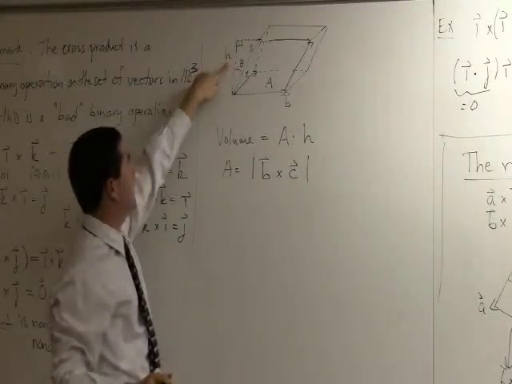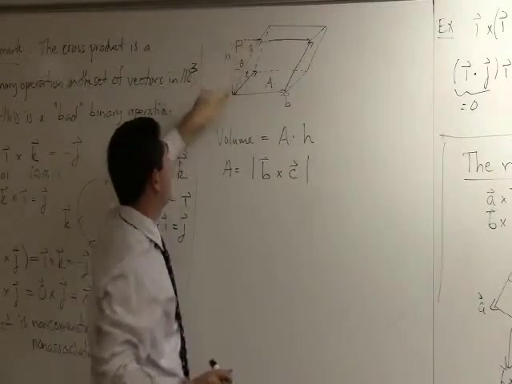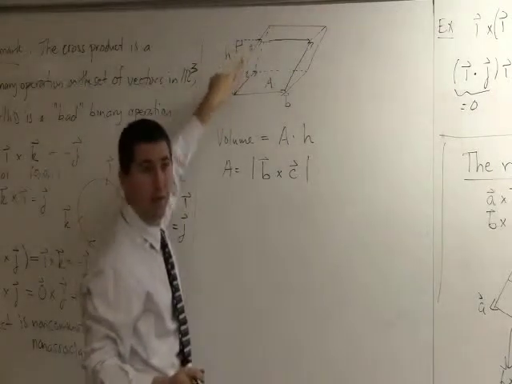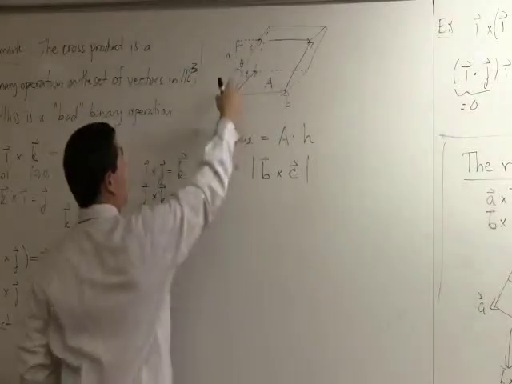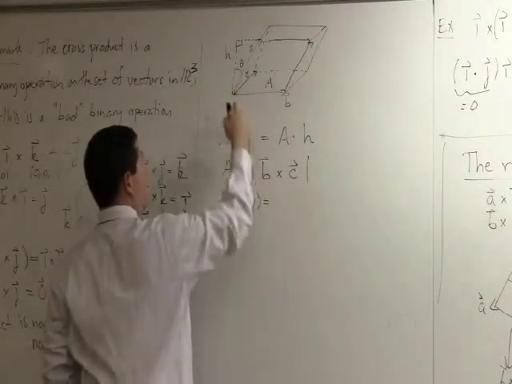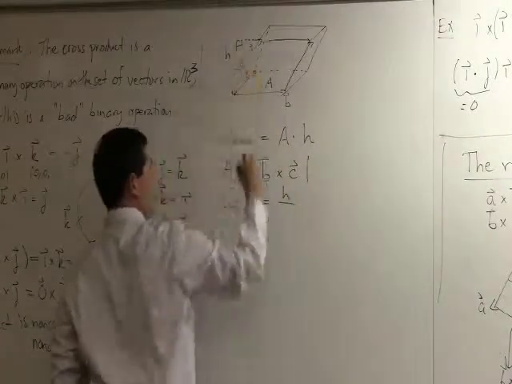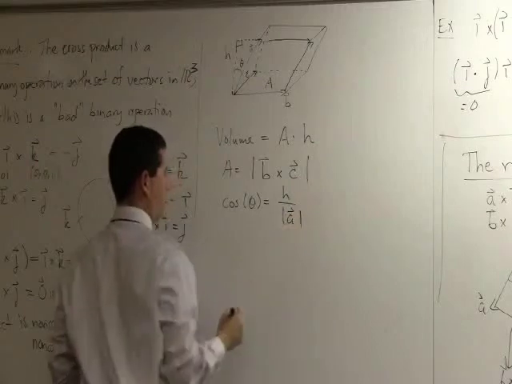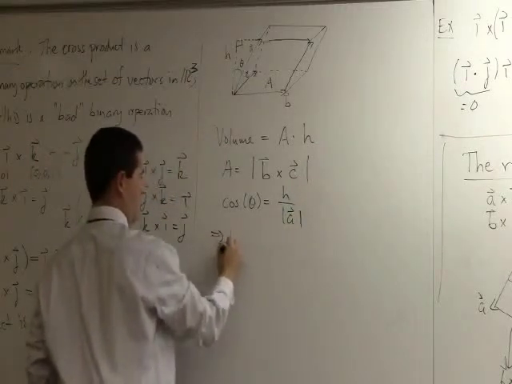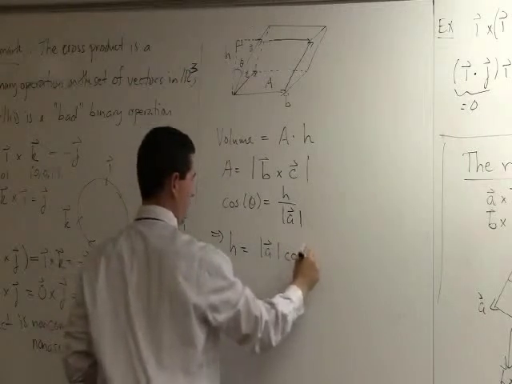Because we're looking for h, which is the adjacent side, and we have the hypotenuse. It's just the norm of A. So the cosine of theta is the adjacent over the hypotenuse, which is the norm of A. And so h is equal to the norm of A times cosine of theta.